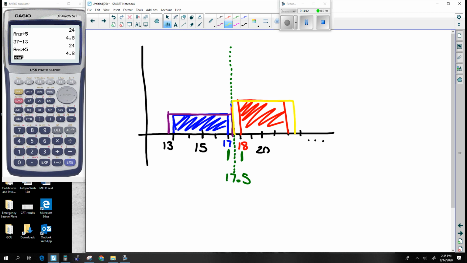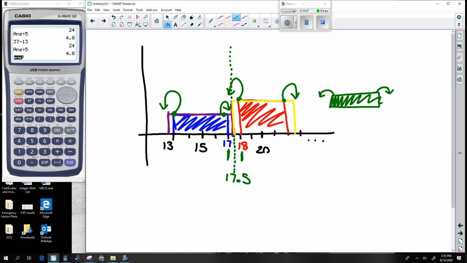So what I'm saying is the low sides get lower, and the high sides get higher. And how much lower and higher do they get? Well, they get lower and higher by a half. So we're just taking a bar and making it wider.